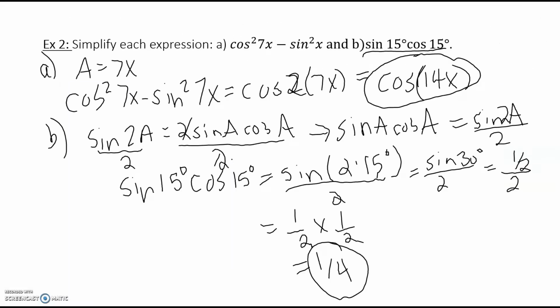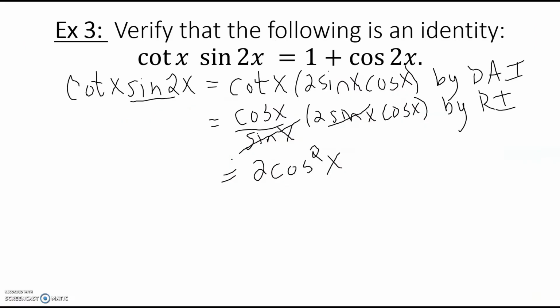So thinking about that identity, 2 cosine squared x minus 1 is equal to cosine of 2x. I switched the side that I wrote them on the equal sign because I'm trying to go from 2 cosine squared x to incorporate a cosine of 2x in it.